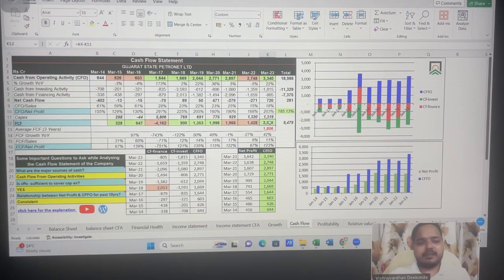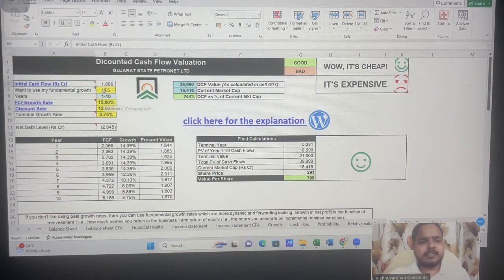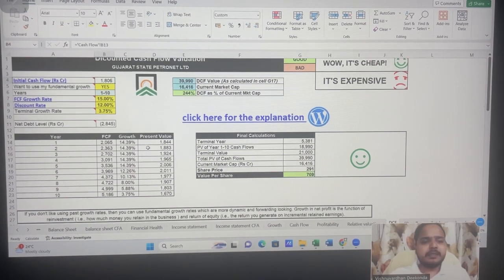So in almost 3 years, this company already generated 1800 crores as free cash flow. With some companies I might adjust, but with GSPL no adjustment is required. So initial cash flow is 1800, and I am not changing that number.